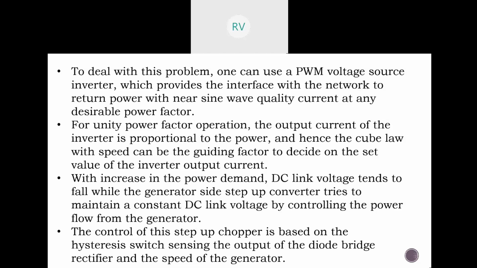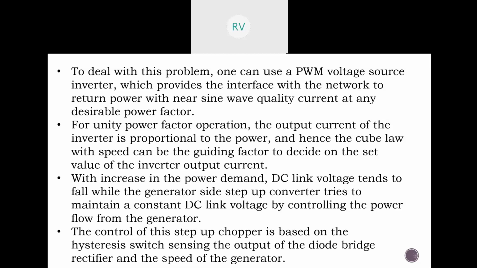With the increase in the power demand, the DC link voltage tends to fall, while the generator side step-up converter tries to maintain a constant DC link voltage by controlling the power flow from the generator. So as the power demand increases, the DC link voltage decreases, and because of the falling DC link voltage, the generator side step-up chopper will try to maintain the DC link voltage constant.